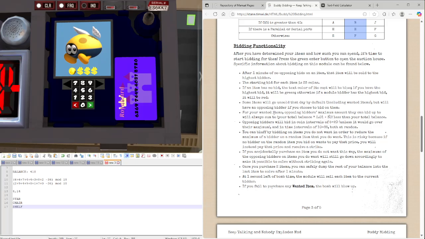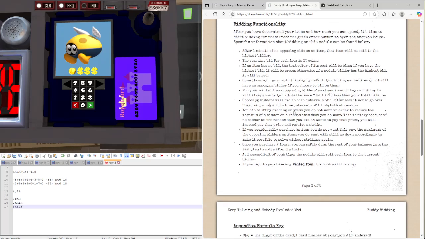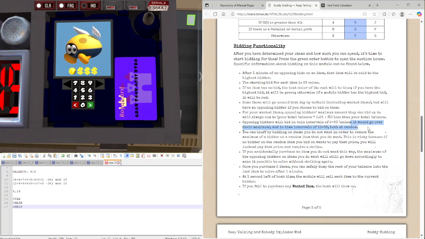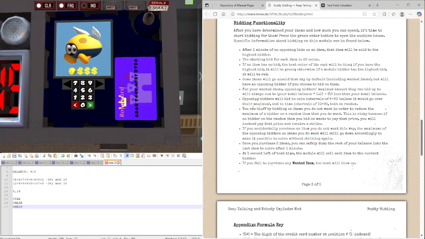You can just bid as you want, but just know this is meant to be 0.05 less than your total balance. Opposing bidders will bid coin intervals of 5 to 20, unless we go over their maximum, and in total 10 to 35, both are random.